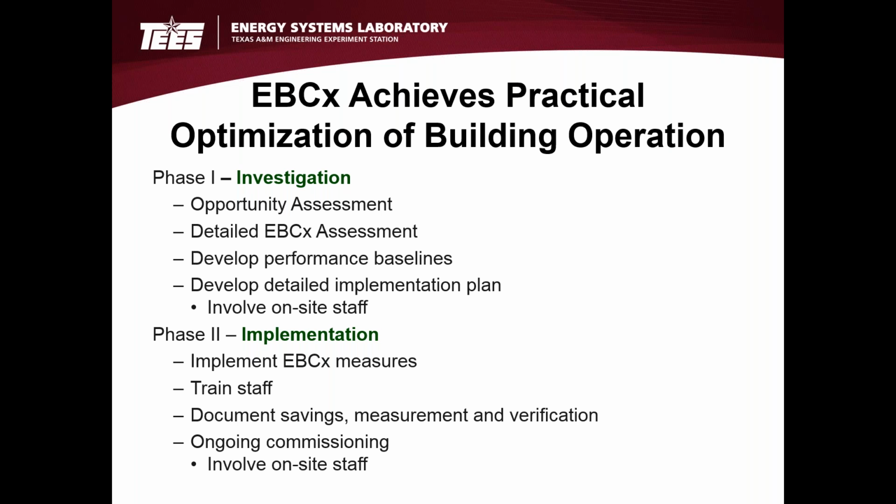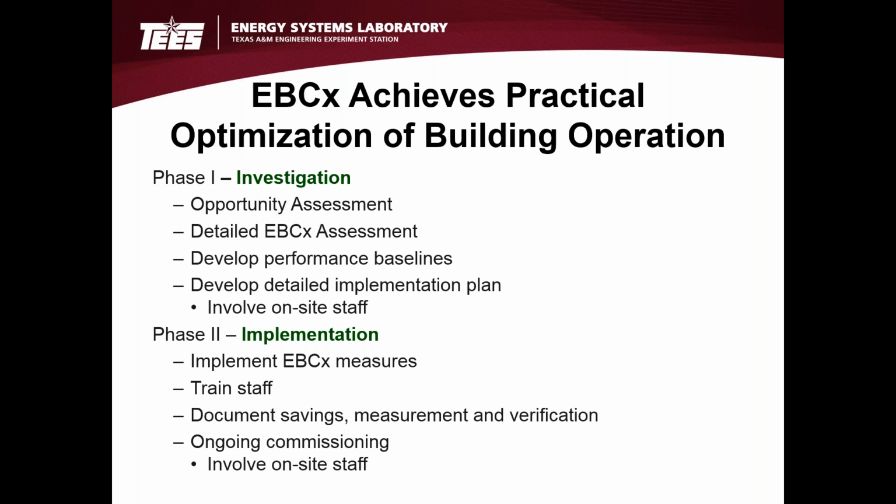Then the detailed assessment is performed on site, and if the building owner decides at that point to fund the implementation of the process, then we go forward to develop the performance baselines and spend a lot of time on site developing a detailed implementation plan. After approval by the owner and the owner's staff, the measures are implemented.